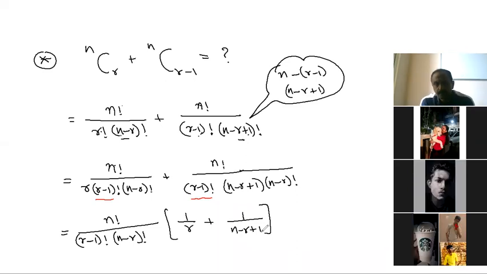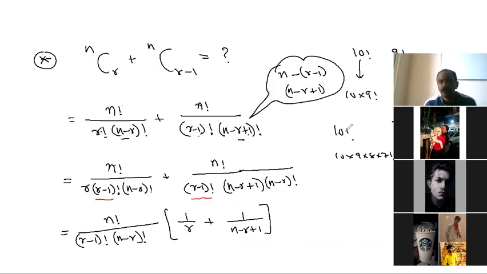Sir, I didn't understand from the second step. The definition, this minus, you understood. Whenever you have 5 factorial and 9 factorial, what will you do? The bigger number will be reduced. Suppose I have 10 factorial and 7 factorial. This 10 factorial will be reduced till I get 7 factorial.